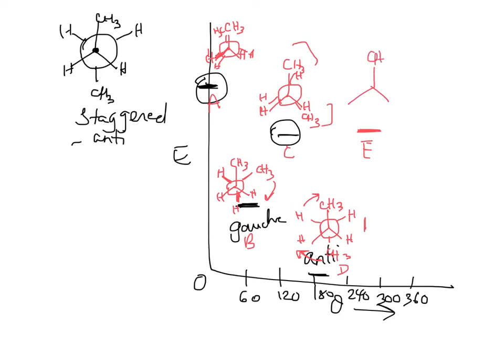So I have my CH3, I have my H's, I have my CH3, I have my H here, and my H here. And now if I give it one more rotation, it's going to become staggered. So recognize eclipsed and staggered also basically alternate. And so you're going to see something very similar like B.